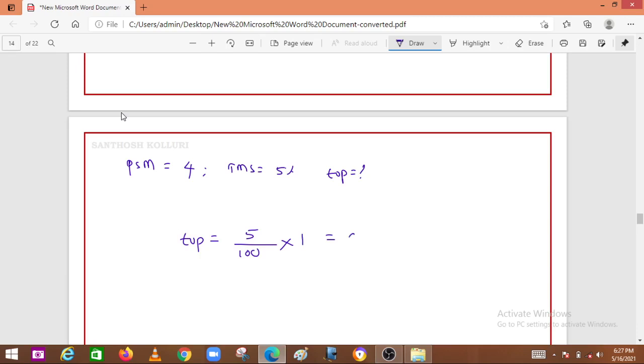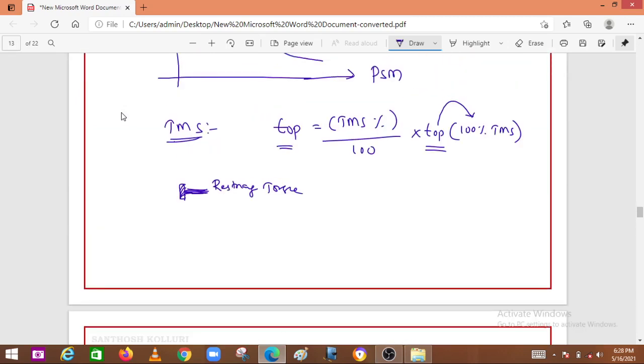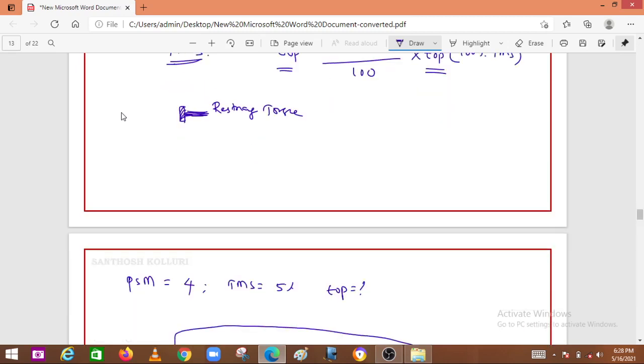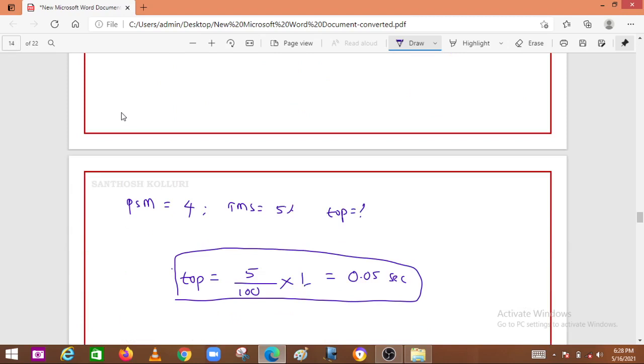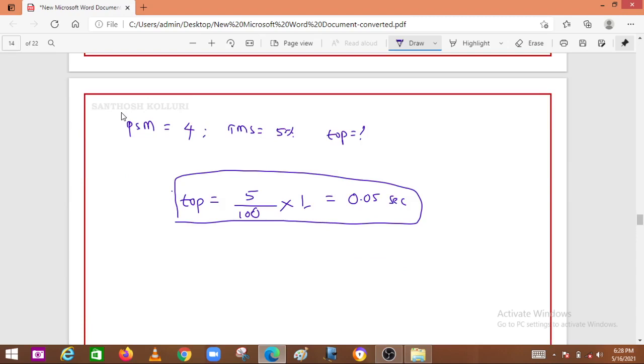This is nothing but 0.05 seconds. This is the operating time of the relay, 0.05 seconds. This is as per the formula we just discussed: TMS in terms of percentage divided by 100 into operating time at 100% TMS. I have taken it as 1, this is the TMS percentage, and this is 100. Therefore my operating time will be 0.05 seconds.